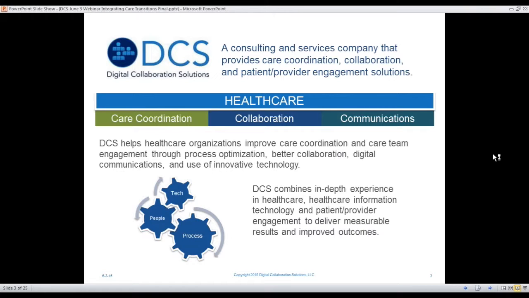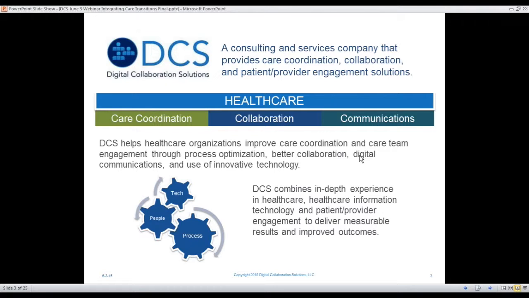By way of background, Digital Collaboration Solutions is a consulting and services company that helps hospitals and other healthcare organizations with care coordination and patient and provider engagement. We focus on working on a results-oriented basis to help our customers get measurable results through improved outcomes and improved financial results in the important areas of care coordination.